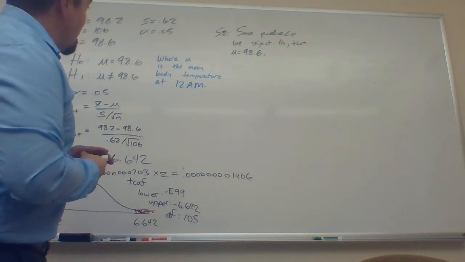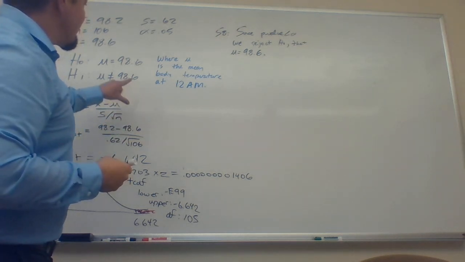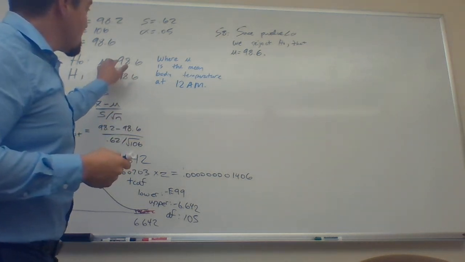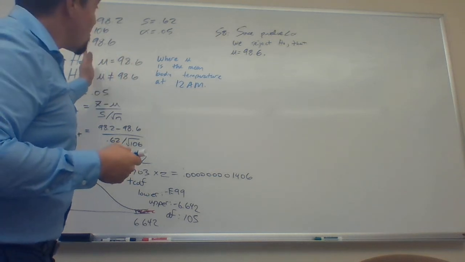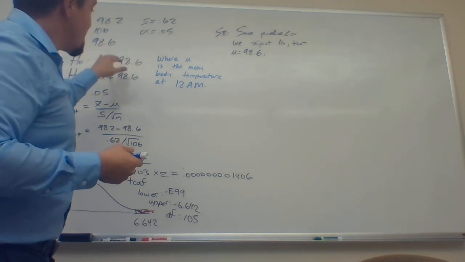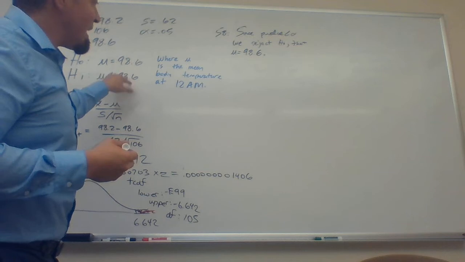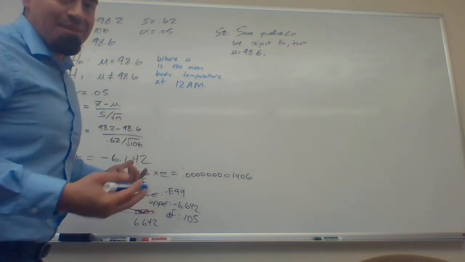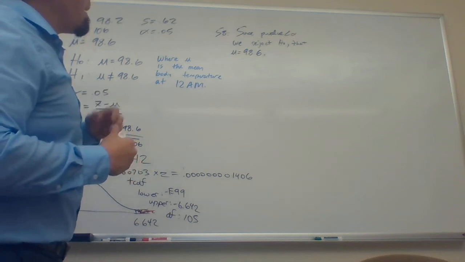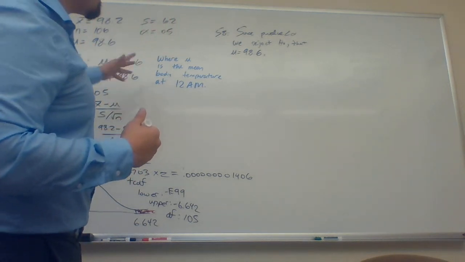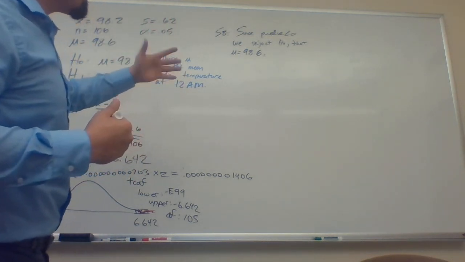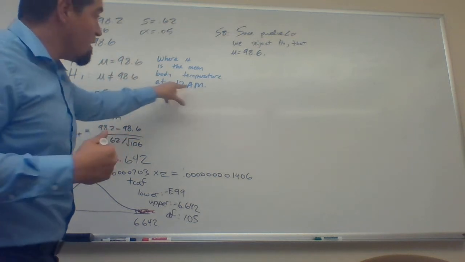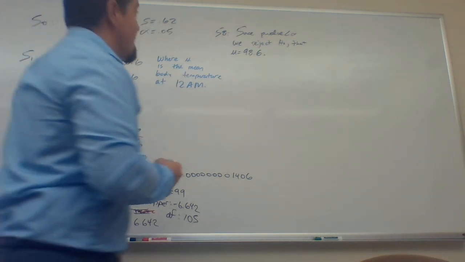This is the mean body temperature, maybe overall, at a random time of day, or at least previously known, but what about at 12 a.m.? Well, maybe people have different body temperatures at different times, so that's what this is testing. According to this study, we can reject that the mean body temperature at 12 a.m. is 98.6.